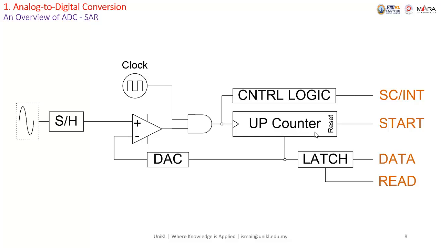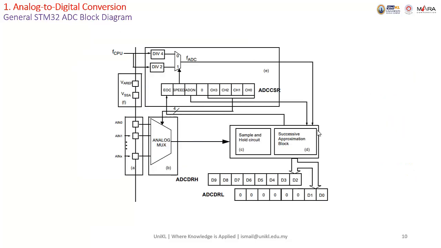With this advanced SAR, actually we can improve the speed of the SAR. Not all ADCs; some use flash, but that is expensive. But in general, the STM32 uses what we call the advanced successive approximation ADC.